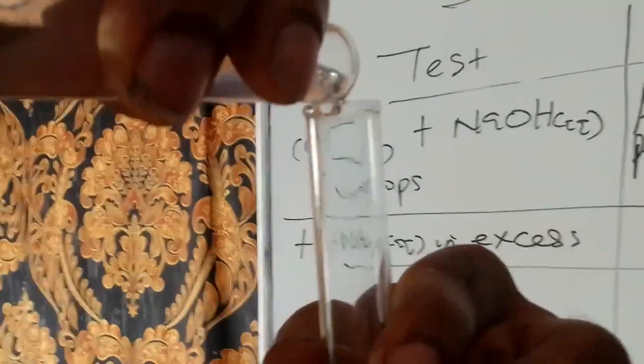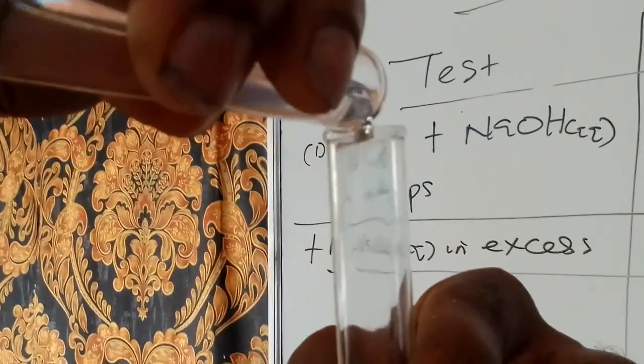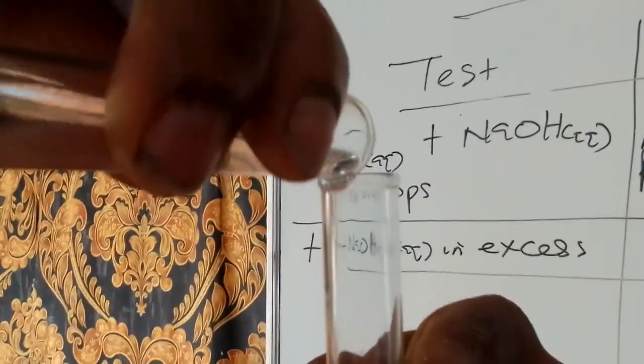I'm now adding sodium hydroxide, the same chemical, in excess to see whether it will dissolve or not. So it's going in excess, that is, add more. You can see we have added enough. When you look at it, you can see that those jelly particles are still inside undissolved, remain insoluble.